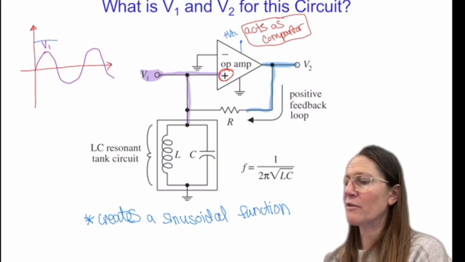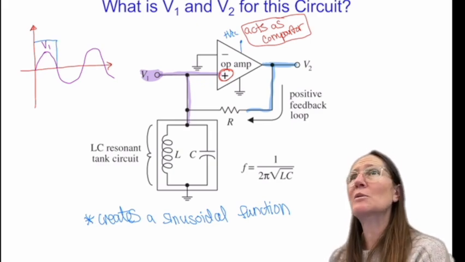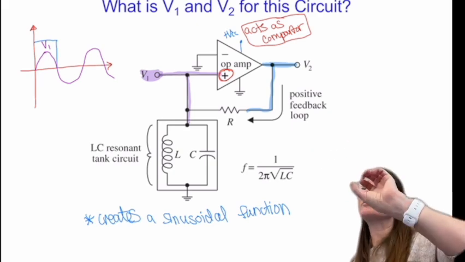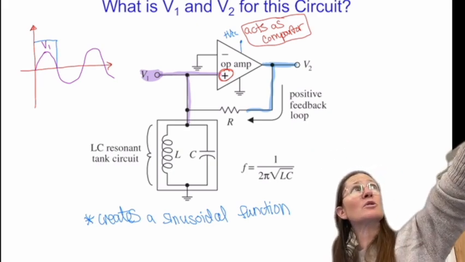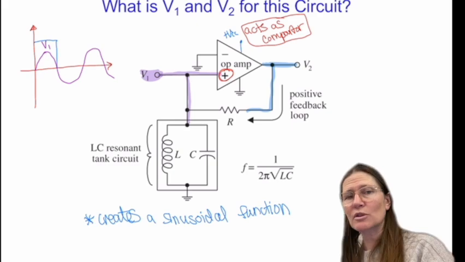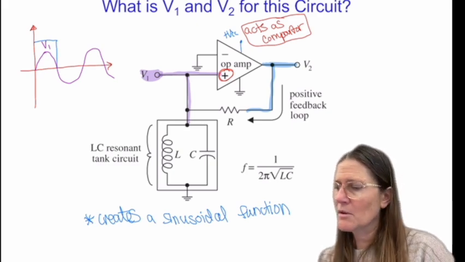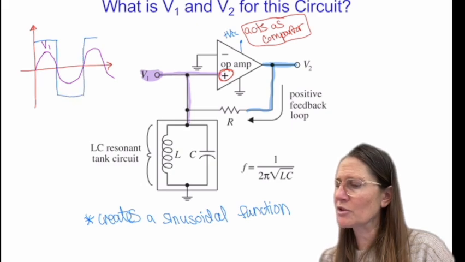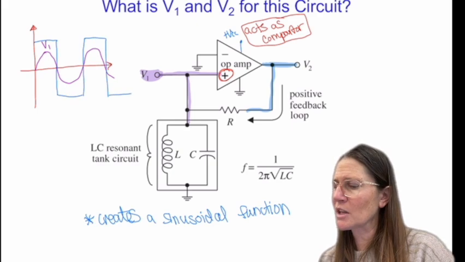You get out whatever the power supply is until it hits 0. And then when it goes negative at the positive terminal, it will be less than ground, so it goes to the low value. And then it will just keep oscillating like that.